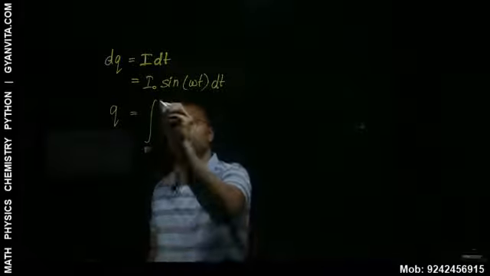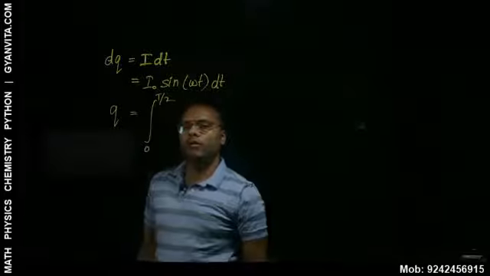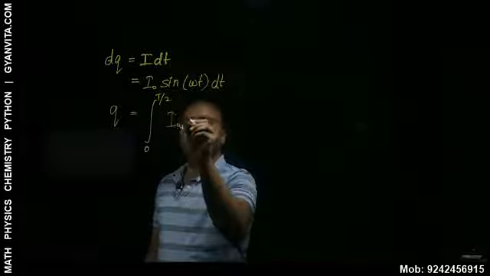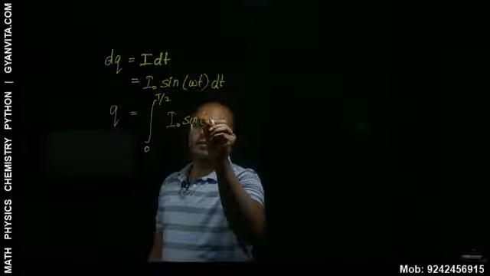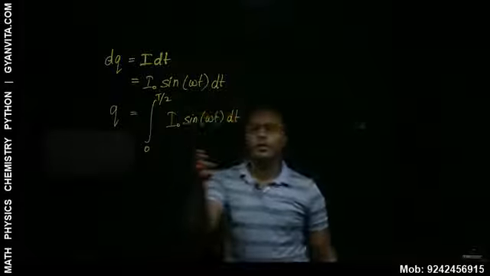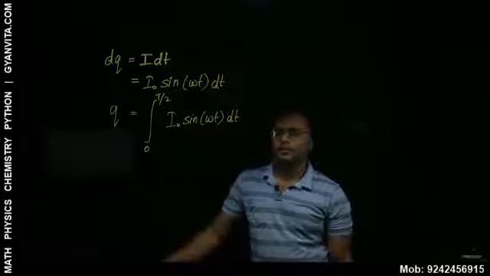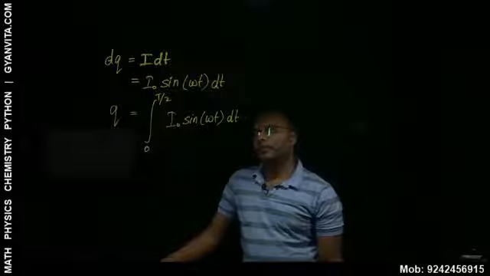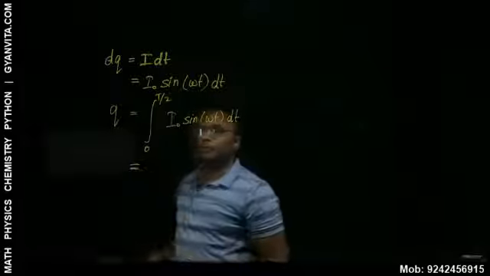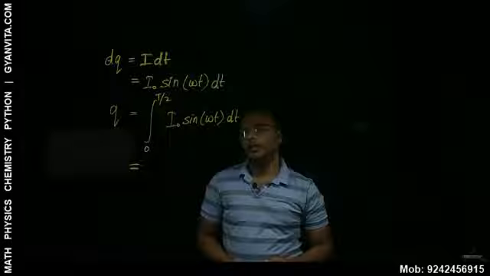Time 0 to T by 2, not the complete cycle. So you just have to integrate this I naught sine omega t dt. This is a simple integration, so give it a try. Integrate it and let me know what value of Q you are getting.